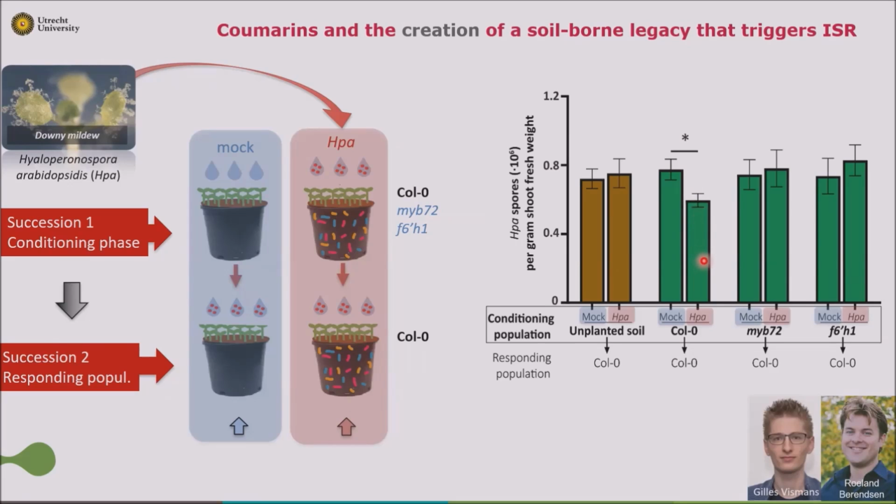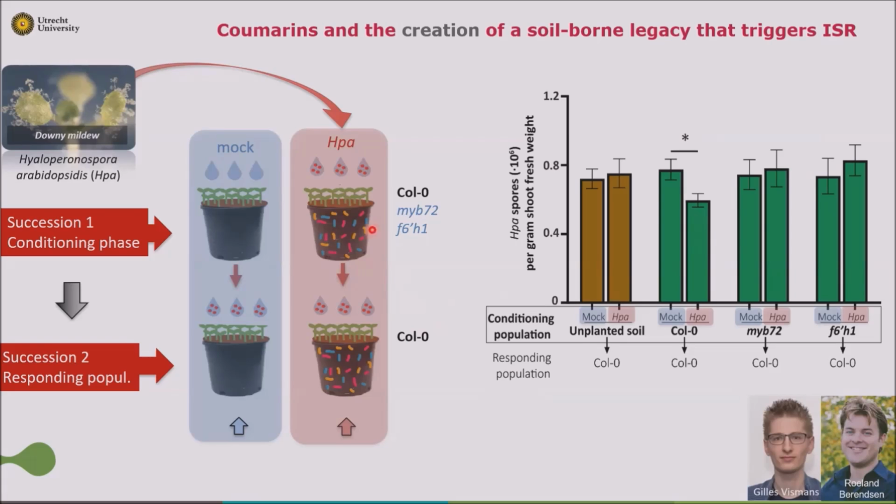So this is basically what I showed you before. This is the disease severity in the wild-type plants that grow in soil that was previously conditioned by healthy plants. But if you grow the plants in soil that was previously conditioned by diseased wild-type plants, then you see a strong reduction of the symptoms caused by the downy mildew pathogen.